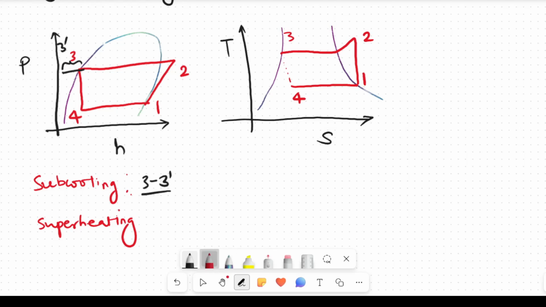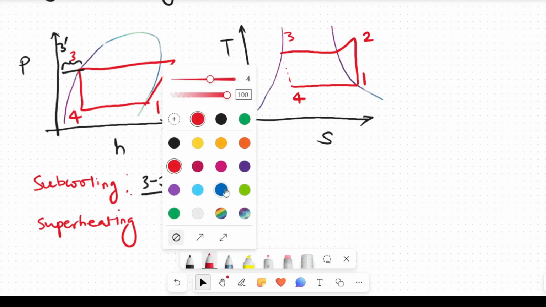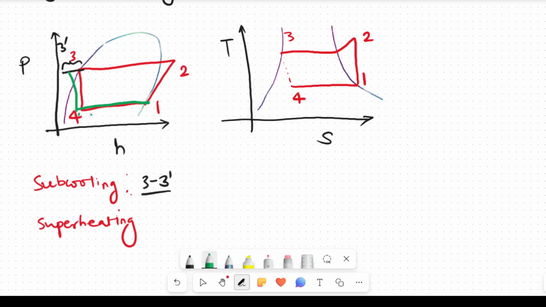So now I can revise this cycle in a different way. So 4 will change to 4 dash. The refrigeration effect will be H1 minus H4 dash.